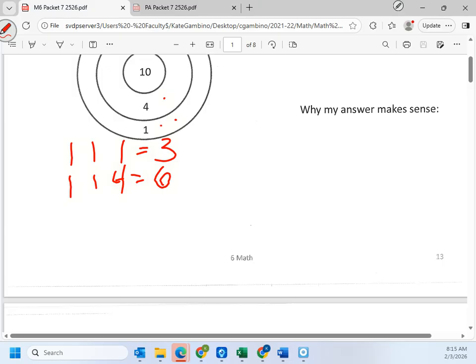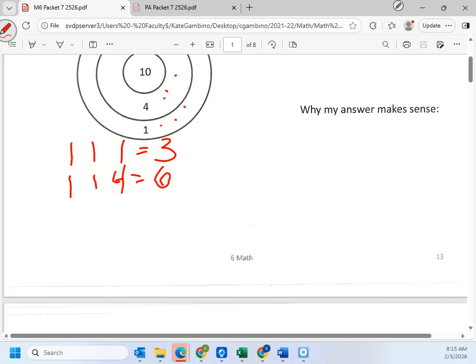So how many different possibilities are there throwing those darts? You throw all 3 and they hit the 1, you throw all 3 and they hit the 4, writing those out, finding the totals, counting up how many different totals there are. If we had another combination that could equal 3, can I count 3 2 different times?